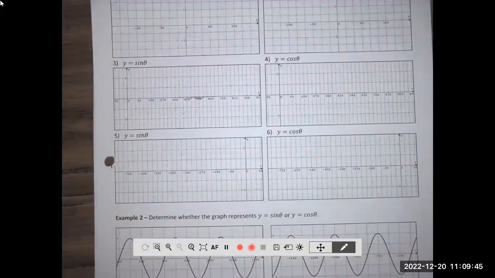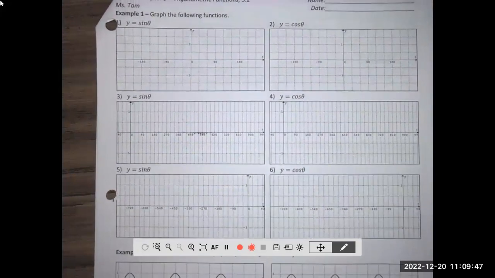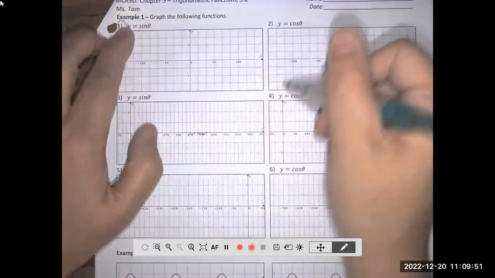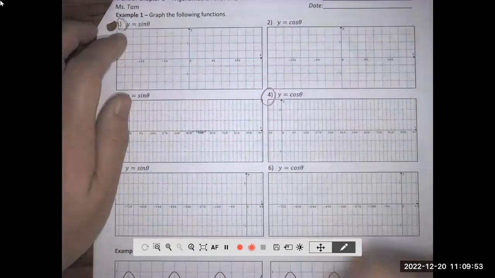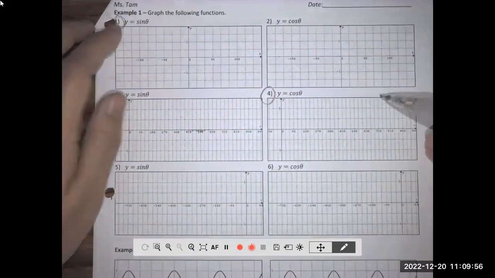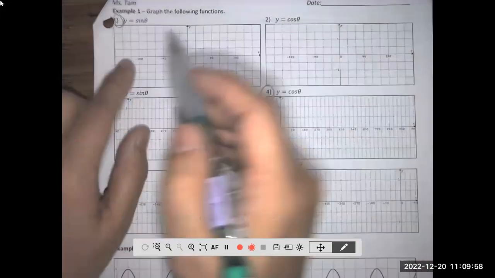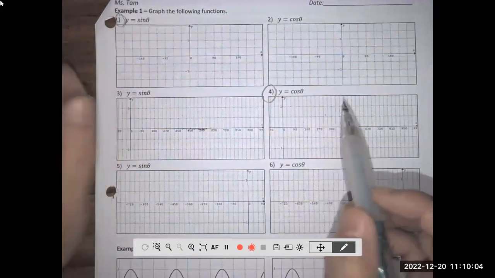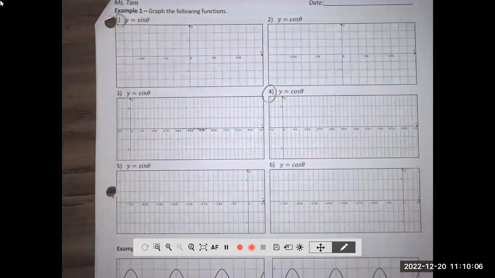I want you to try and practice a couple of these. I'm only going to ask you to do in class now 1 and 4. The rest of this page is going to be for homework. So try right now questions 1 and 4, and you're going to show them to me before you leave. When you're done, just put your hand up and I'll come around.